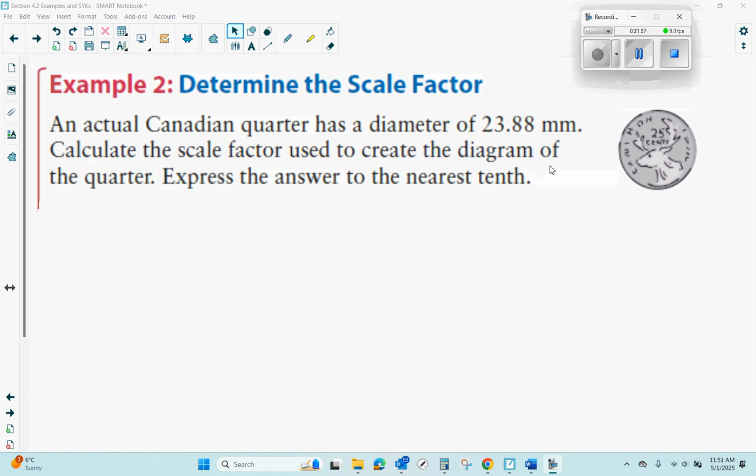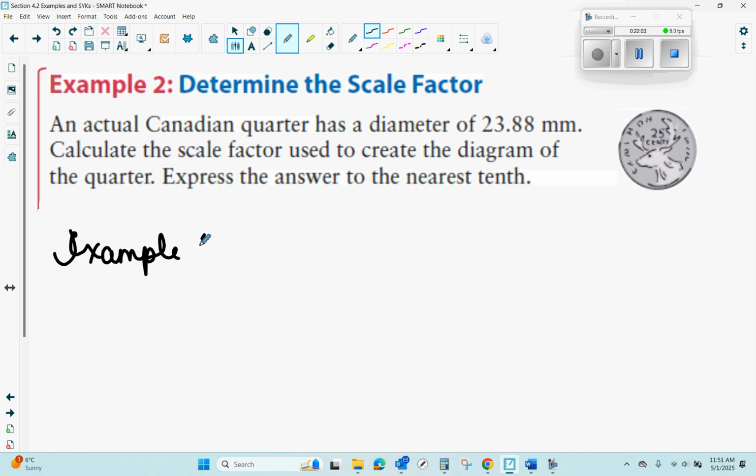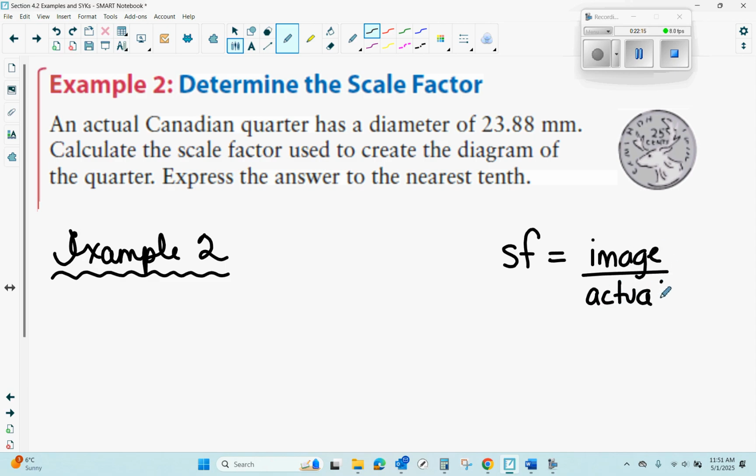Okay, the very last example I have for you. Example 2, determine the scale factor. Okay, I'm just thinking to myself, scale factor, I remember, is image divided by actual. It's the same formula as scale, but we always divide and get a decimal.